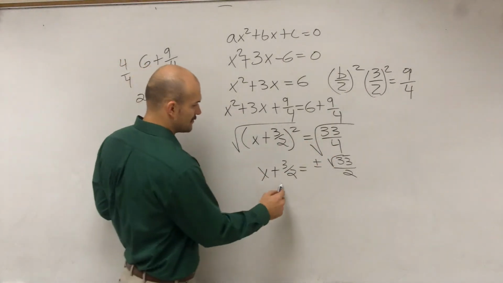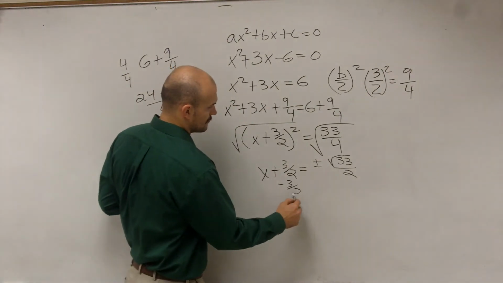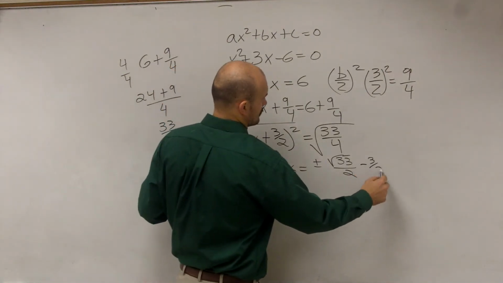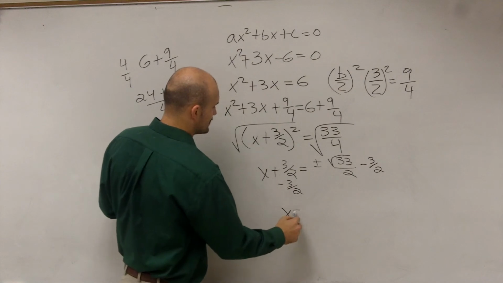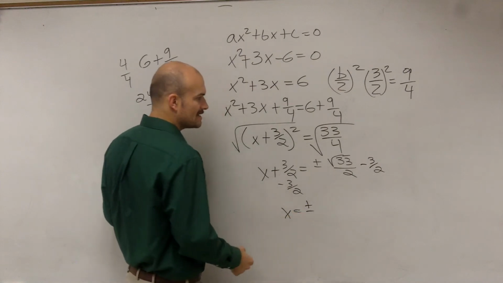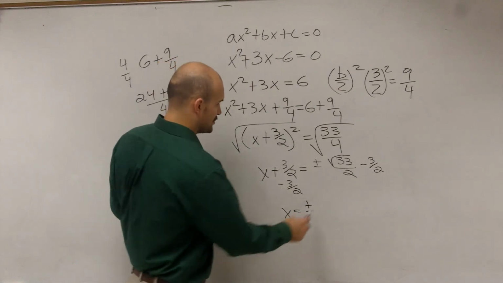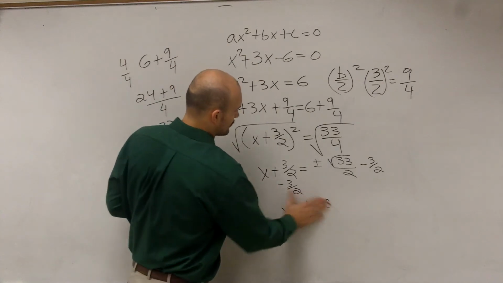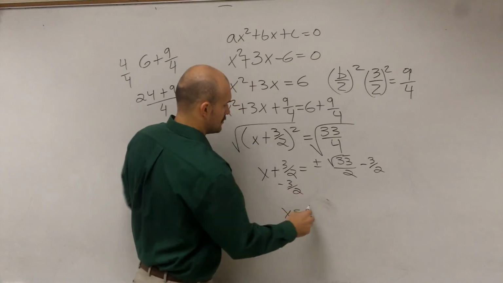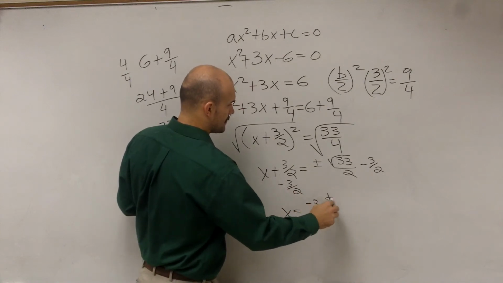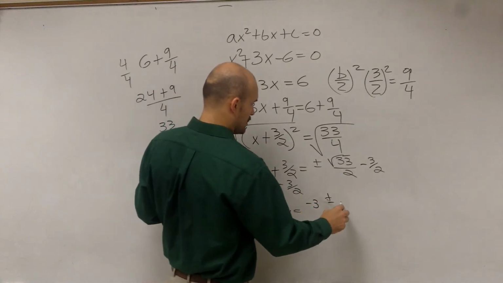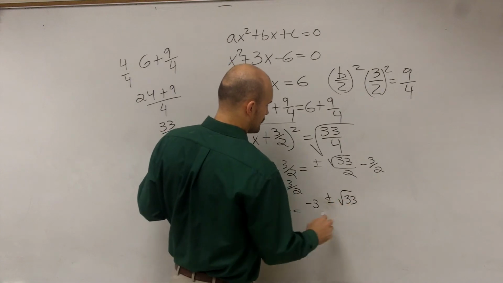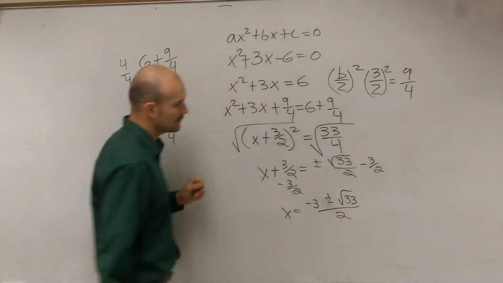Then we subtract 3/2. Therefore, x equals -3 plus or minus square root of 33, all over 2.